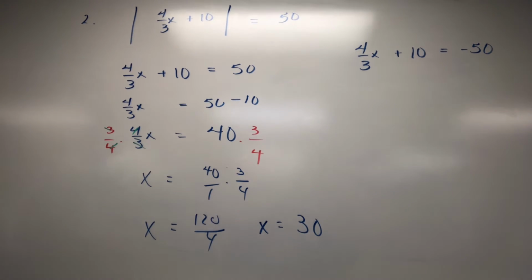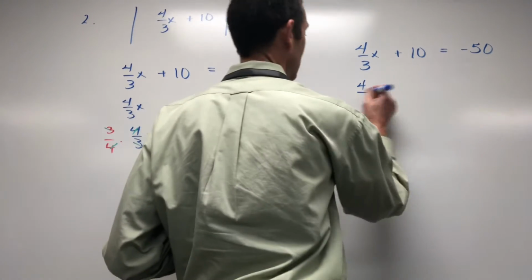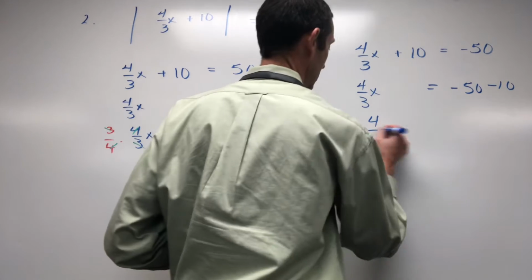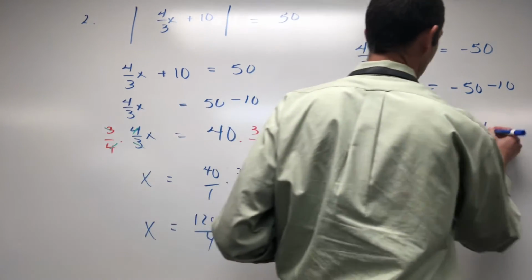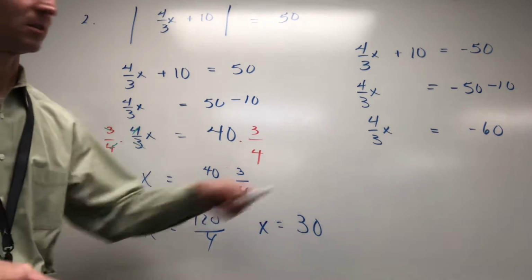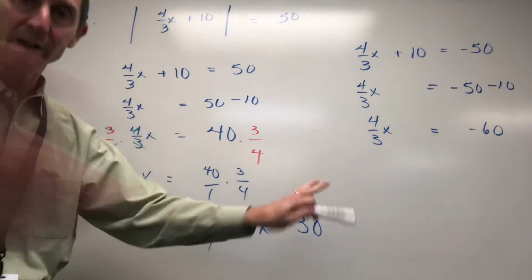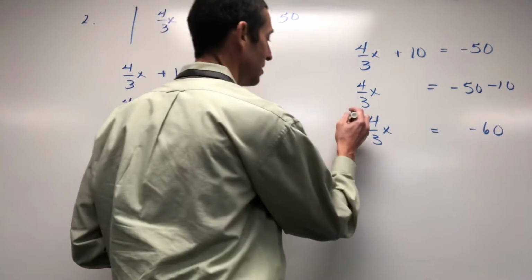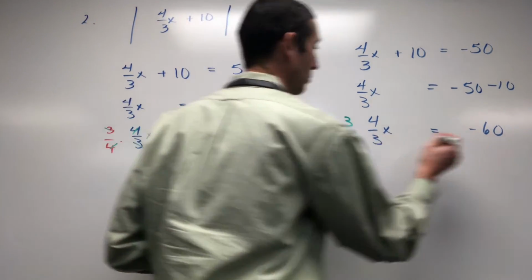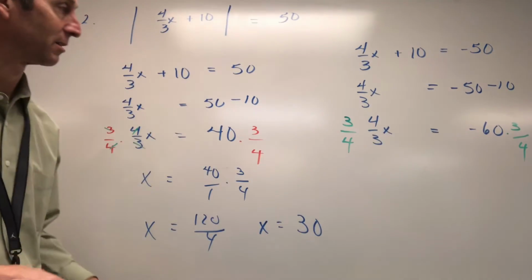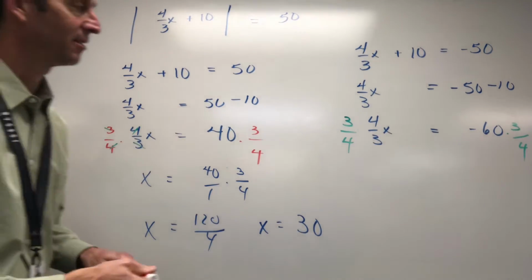Let's run it over there too. Got to subtract the 10 on the second side. Same situation: you've got 4 over 3 and you want to get rid of it. So we multiply by the reciprocal, 3 over 4. But good news, all this cancels.